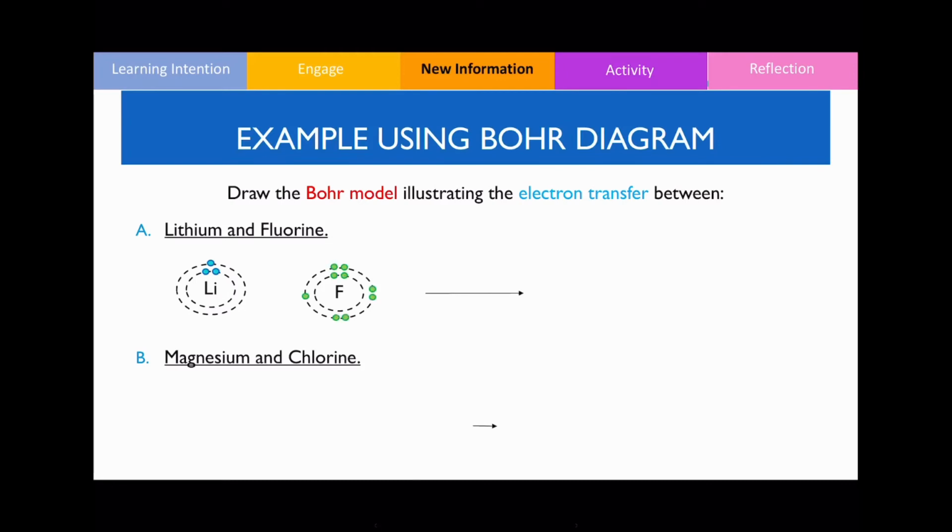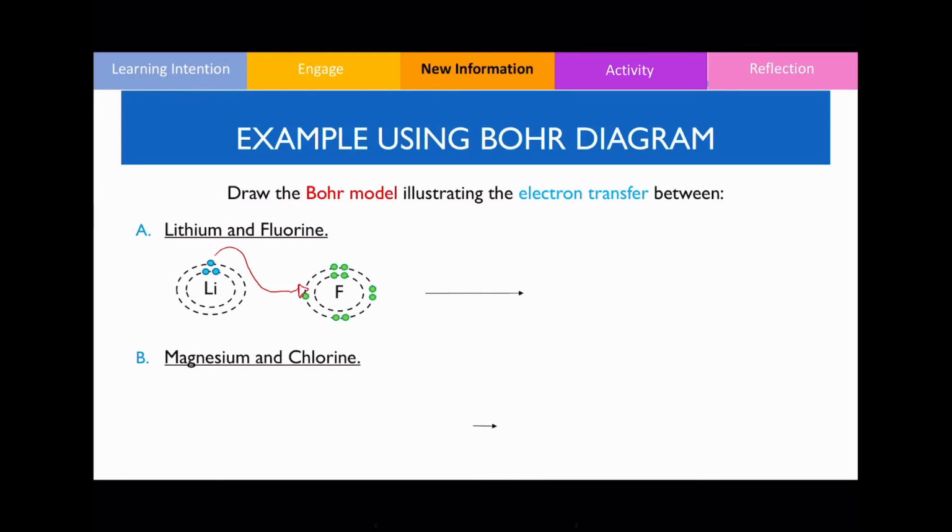If you were to draw the Bohr model of fluorine, it's going to look something similar to this. We know that lithium wants to lose that valence electron, and we know that fluorine needs only 1 extra electron in order to have a full outer shell. So for this very easy example, all you really need to do is move that electron over to fluorine, so you would draw an arrow to show the movement.